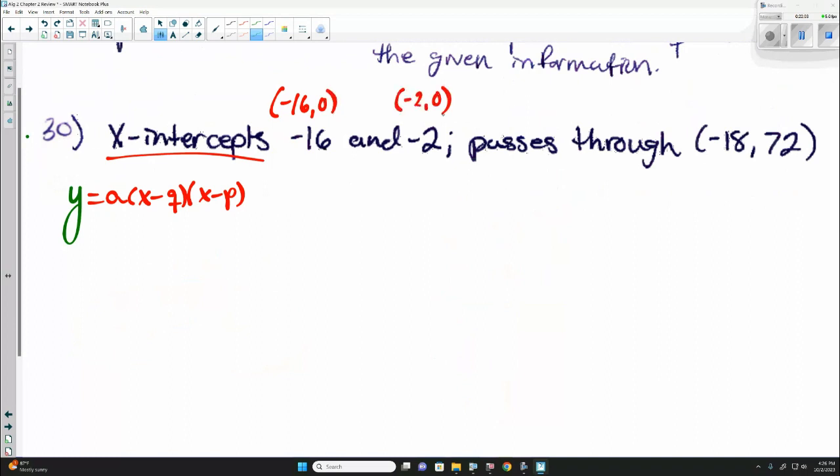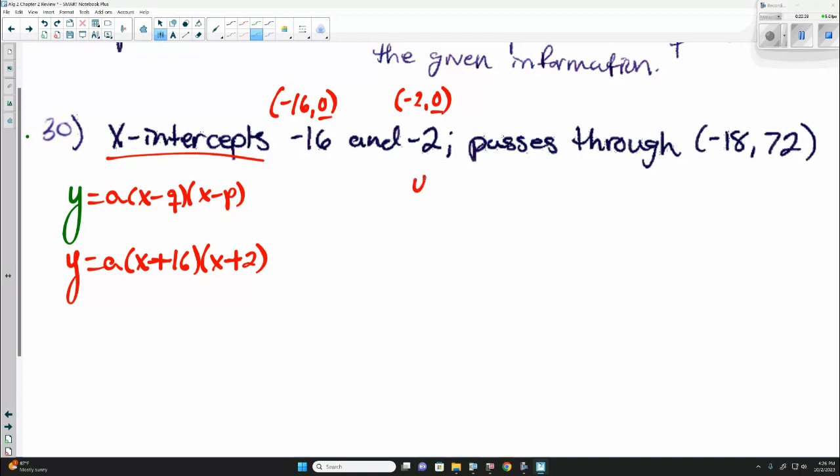They'll either tell us what the values of the x-intercepts are, -16 and -2, which is just telling us the value of p is -16 and the value of q is -2, and our negatives make plus and plus, or they can tell us it's the points -16, 0 and -2, 0. We know those are x-intercepts because the y values are 0.